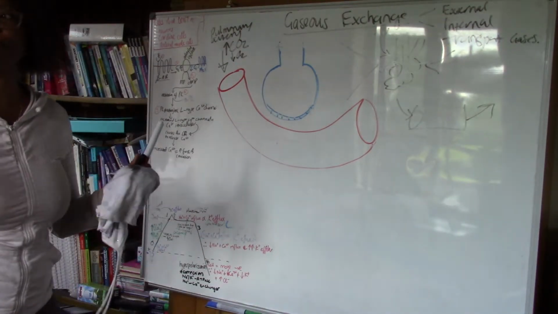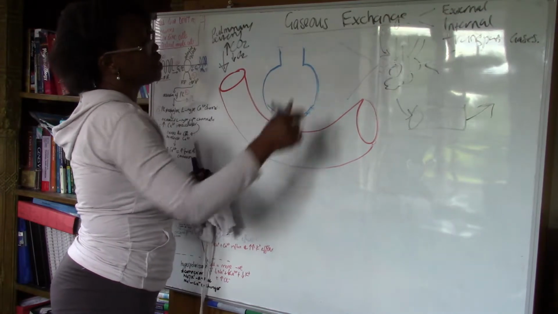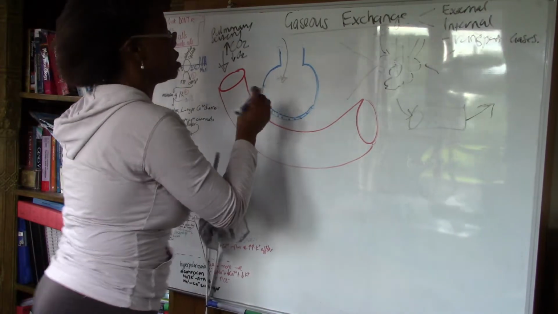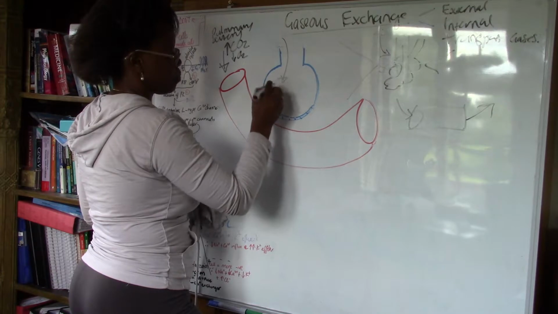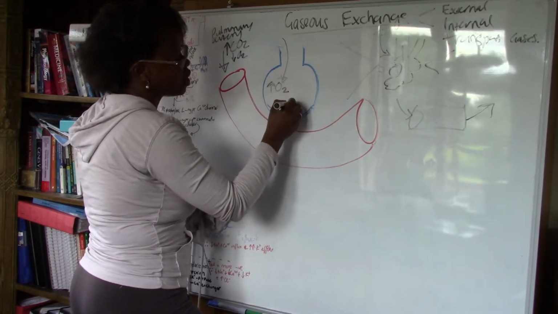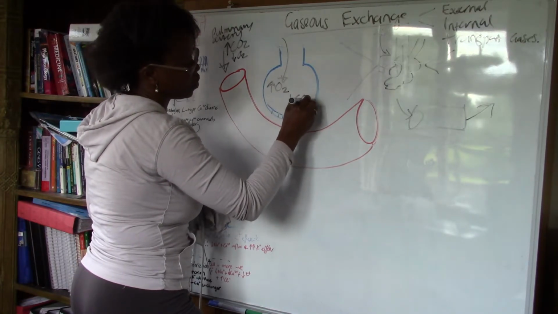From what I've just said about breathing in oxygen-rich air, inside the alveoli the partial pressure of oxygen is high, and that of carbon dioxide is really low.